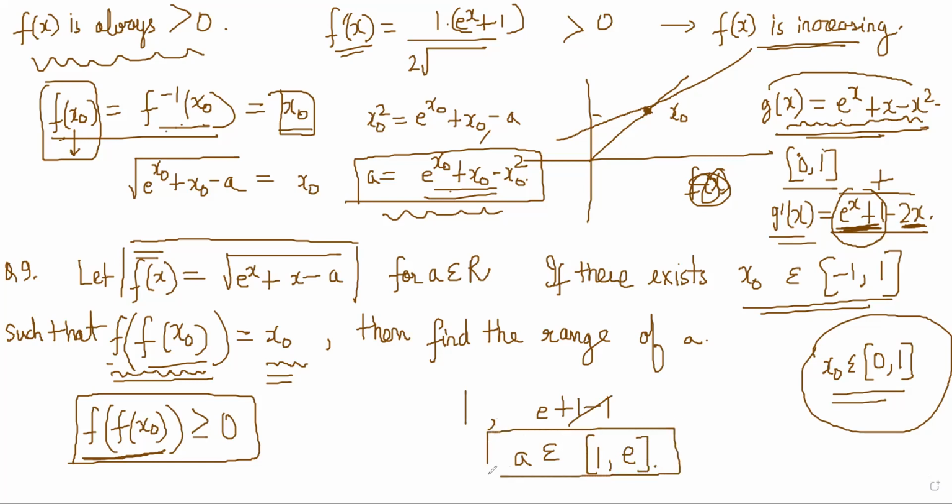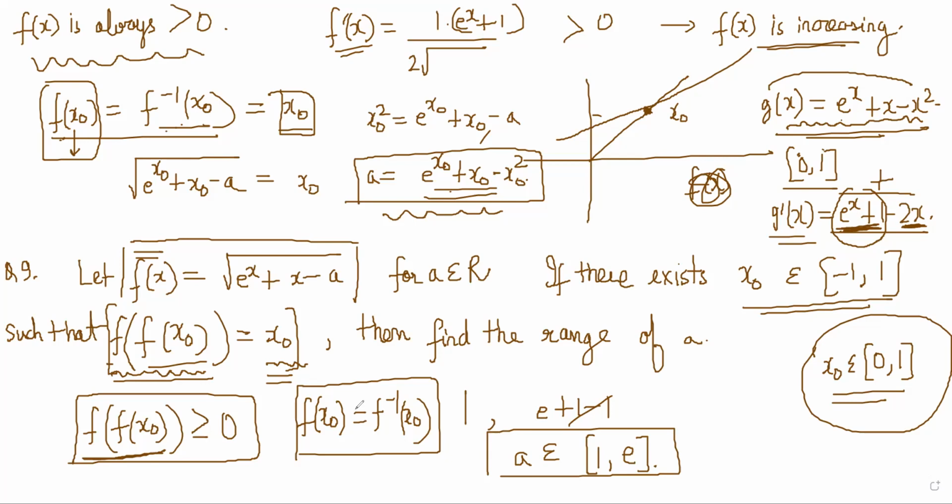So the idea here was basically realizing that when this statement is made, you actually mean that f of x naught is equal to f inverse x naught. And that will happen only when the graph of f intersects the y is equal to x line.